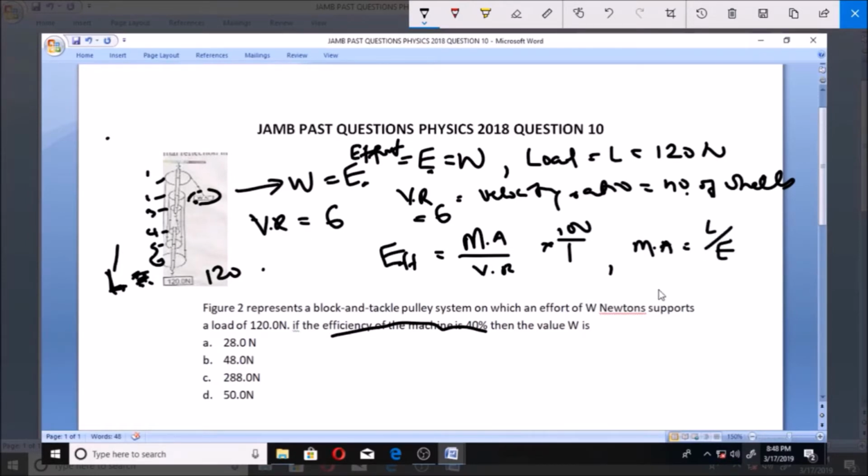With this, we can do the calculation effectively. Efficiency is equal to MA, and MA is L over E, where L is 120 from here, all over E. So in place of MA, I am putting L over E.